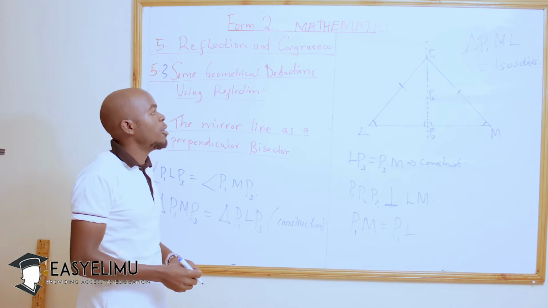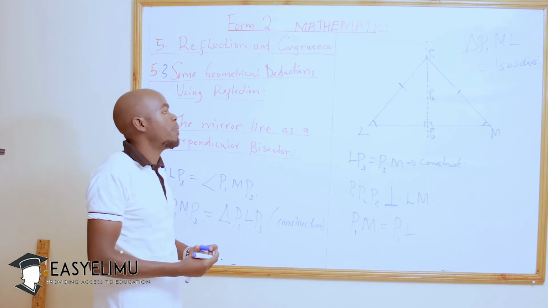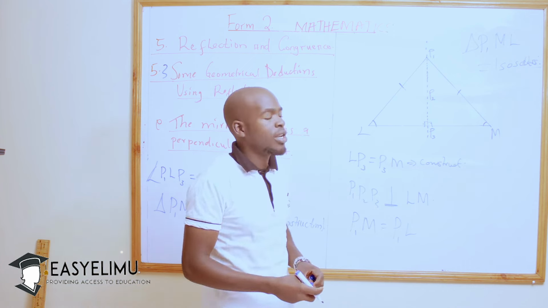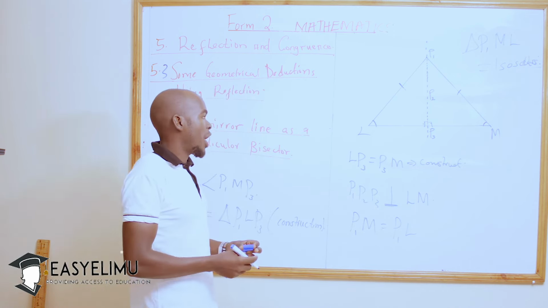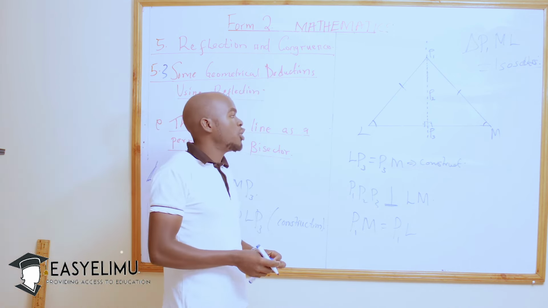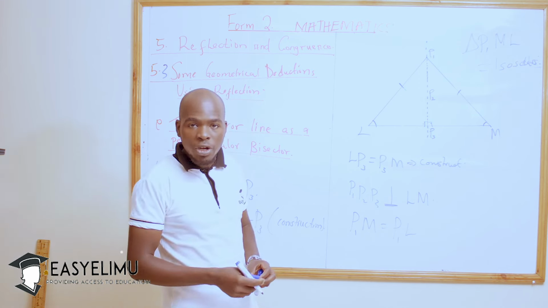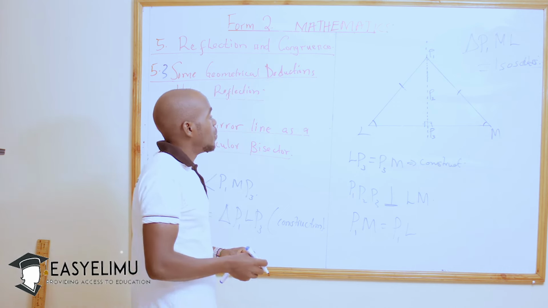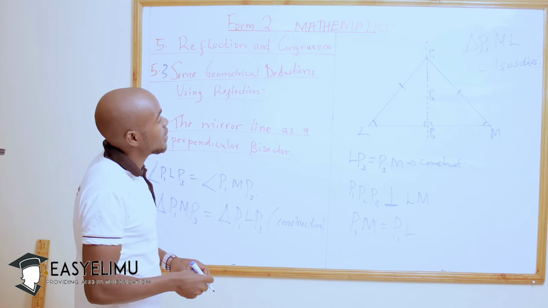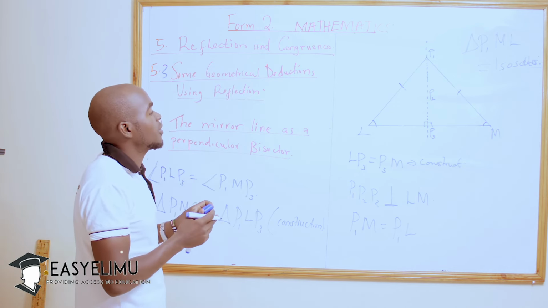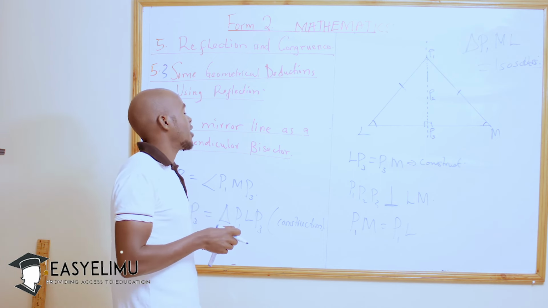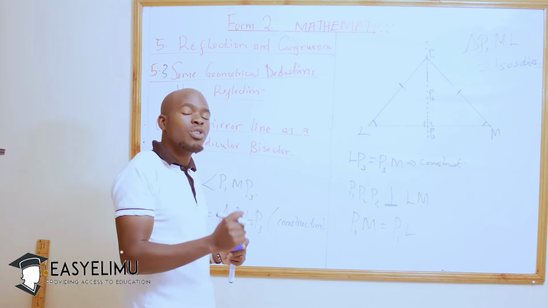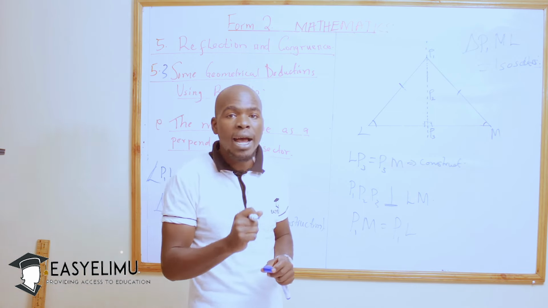And that will imply that P1, P2, P3 is a perpendicular bisector to that given triangle. So P1, P2, P3 is a perpendicular bisector which we refer to as a mediator because it is cutting it into two equal parts, so it is in between, and that is what we were using as a mirror line.